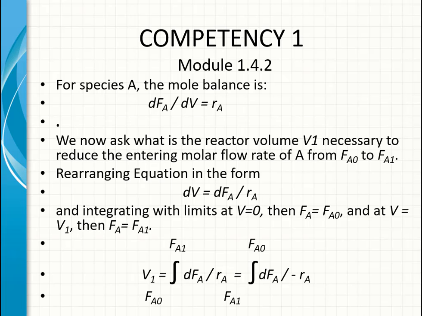And if we change the limits to introduce the minus sign in the rate, then the volume will be the integral from FA1 to FA0 of dFA divided by minus RA.